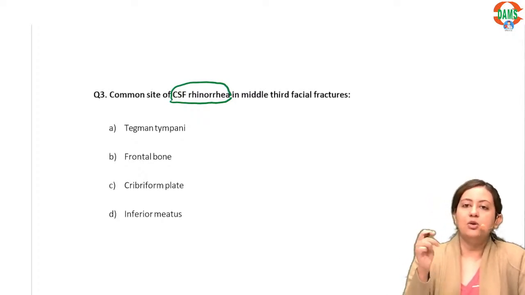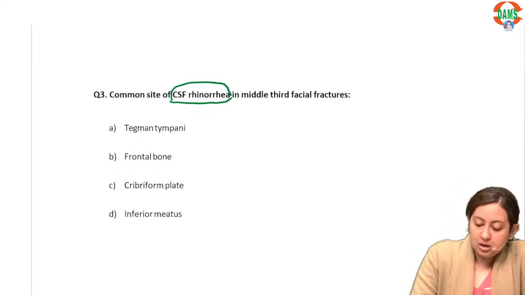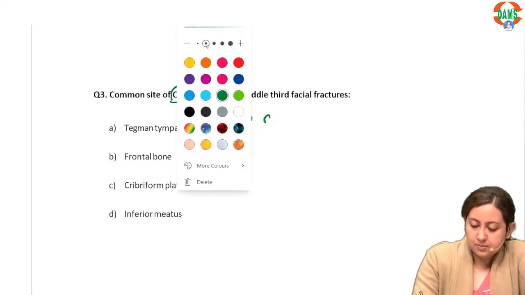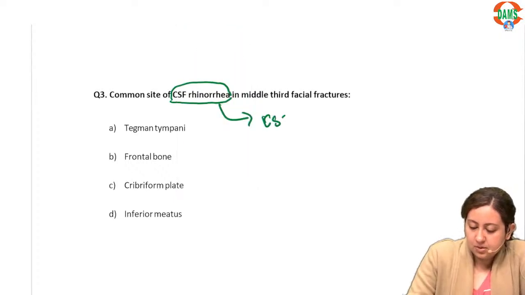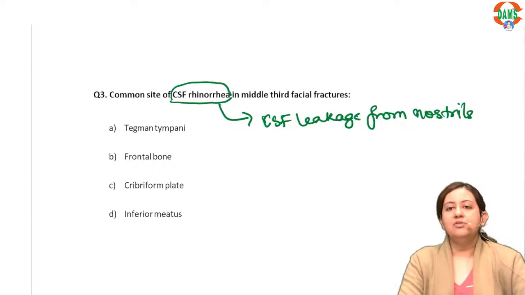Now what is CSF rhinorrhea? CSF rhinorrhea is CSF leakage from the nostrils.